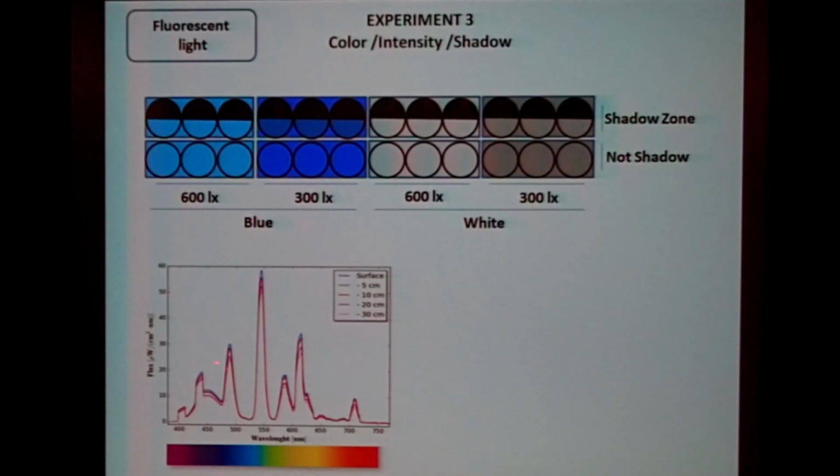In blue light there is not too much difference, but in yellow or red there is some; at 30 centimeters there is a lower level of yellow or red light. It's normal, but curiously, only at 30 centimeters. So for future studies, we are using bigger tanks, and we hope the effect will be bigger.